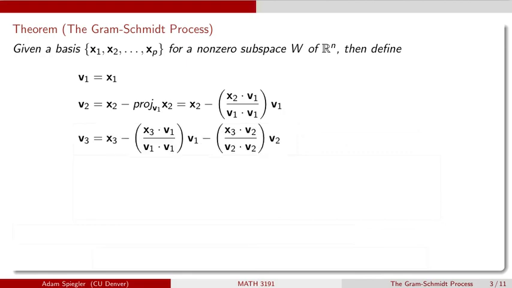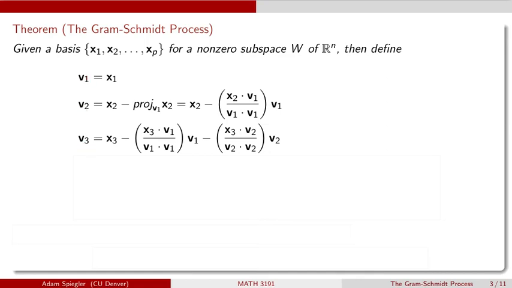And then to find v3, we just continue this process, except now we're going to find the orthogonal complement to the subspace that's spanned by our first two basis vectors. So this means I'm going to find a vector v3 which is orthogonal to both v1 and v2, but still sits in the subspace W. Since v3 is a linear combination of x3, v1, and v2, it sits in the subspace spanned by these three vectors, but it is also going to be orthogonal to the previous two vectors.